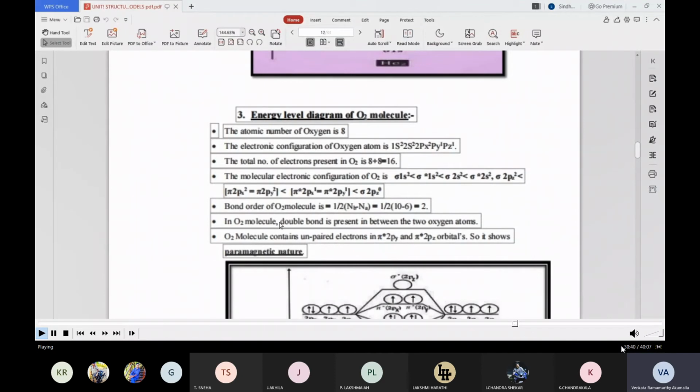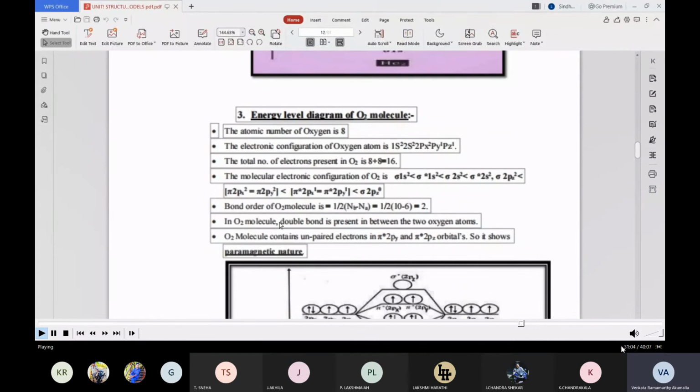The total number of electrons present in the oxygen molecule is 8 plus 8. One oxygen atom has atomic number 8, and two oxygen atoms give 16 electrons.